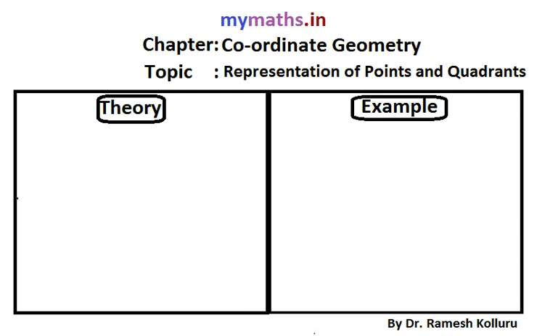Now let us take the lines. In coordinate geometry we have x-axis and y-axis. So let us draw the x-axis here. X-axis line is this, and y-axis line is perpendicular to it, so we'll draw one more perpendicular line, that is y-axis.